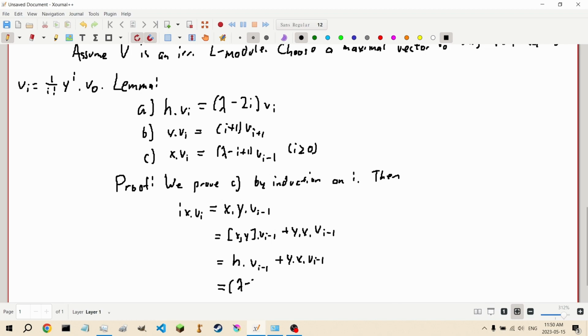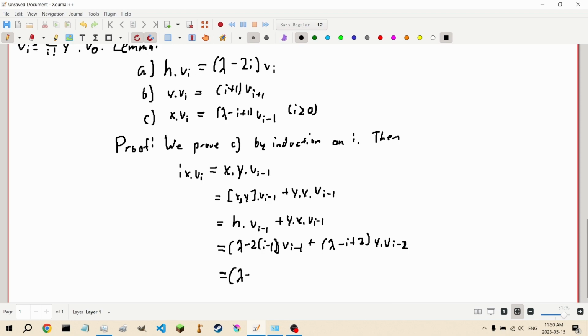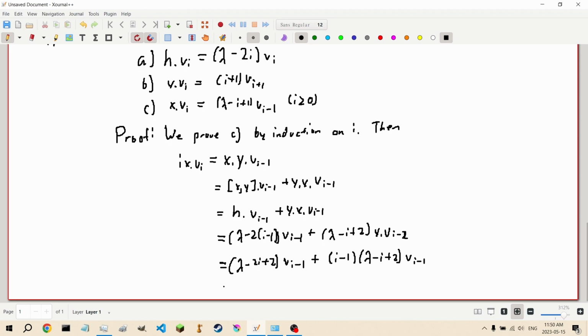So this case gives us (lambda minus 2i minus 1) of v_{i-1} plus, in this case, we have (lambda minus i plus 2) on y of v_{i-2}, which we can expand to give us (lambda minus 2i plus 2) v_{i-1}, sorry, plus (i minus 1) times (lambda minus i plus 2) on v_{i-1}, which gives us equal to i times (lambda minus i plus 1) v_{i-1}.